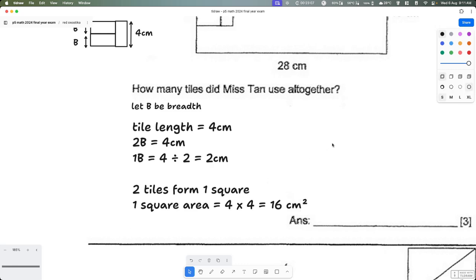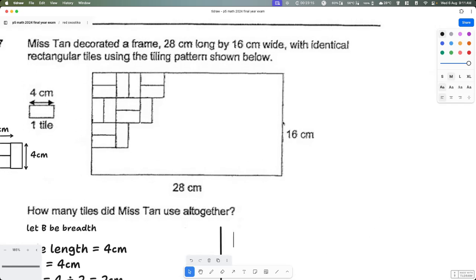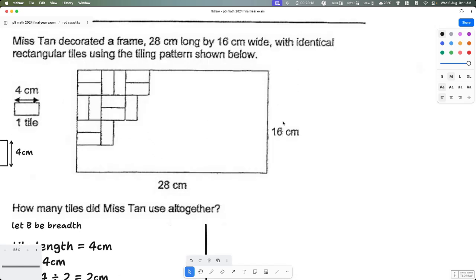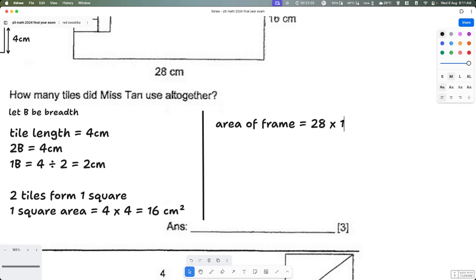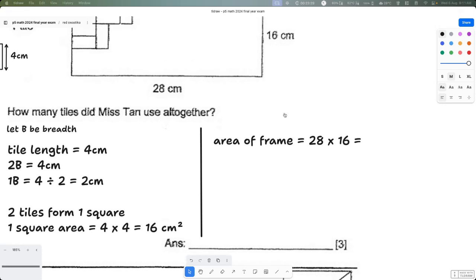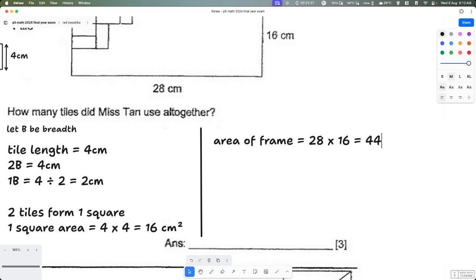From here we get the area of the frame. Area of frame is equal to 28 times 16. 28 multiplied by 16 is 448. So number of squares is equal to 448 divided by square area.